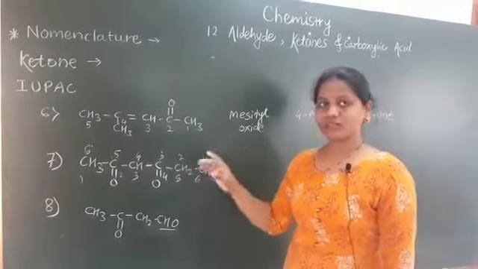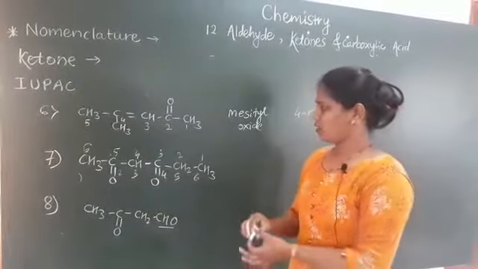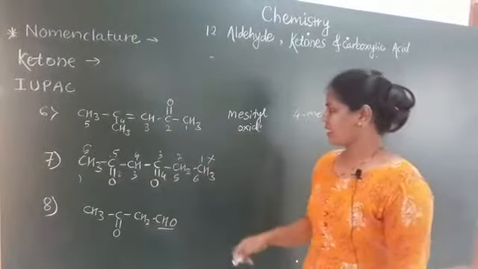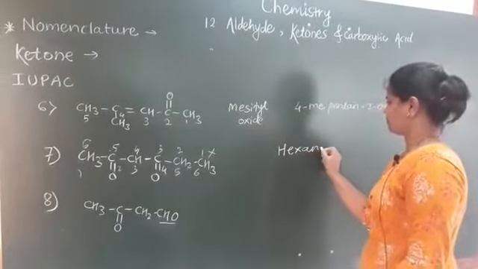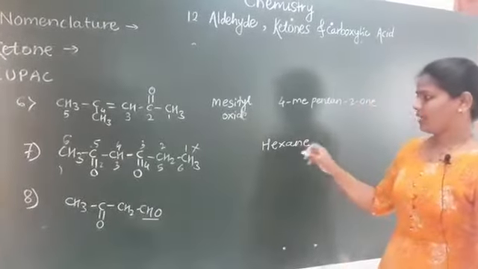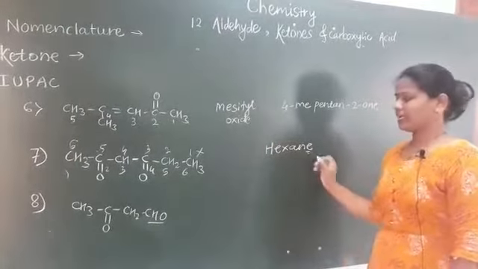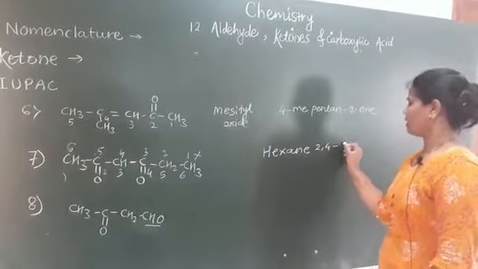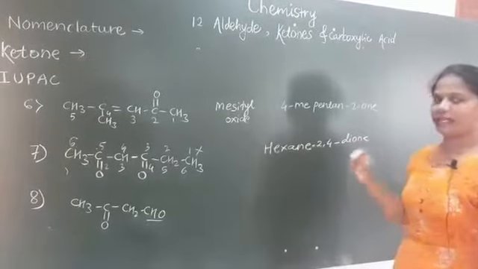So always we have to consider the lower numbers. So this is the wrong numbering system, we have considered this one. Then the name is hexane. When 2 carbonyl groups are given, the e is retained as it is, so hexane-2,4-dione. This is the correct name.